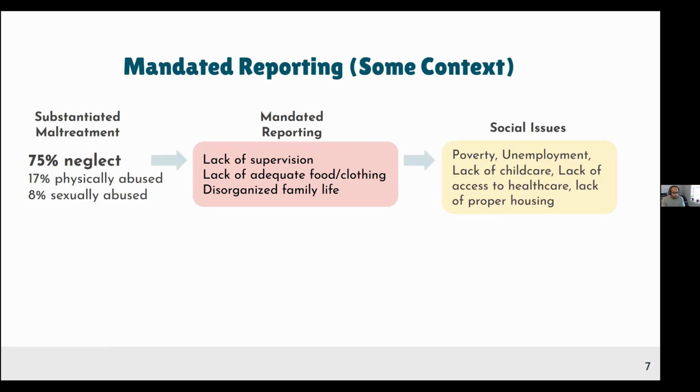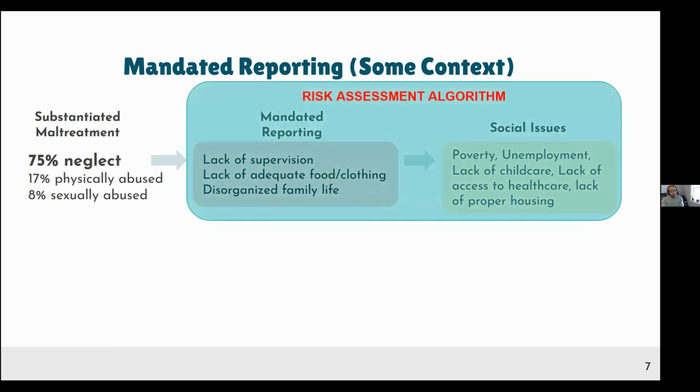So mandated reporting created the appearance of protecting children, but all it did was drive up investigations with no plan for protection or well-being. And now there are concerns that risk assessment algorithms are creating another layer of obfuscation on top of mandated reporting.